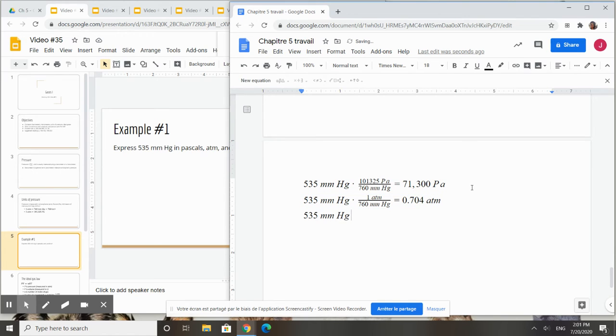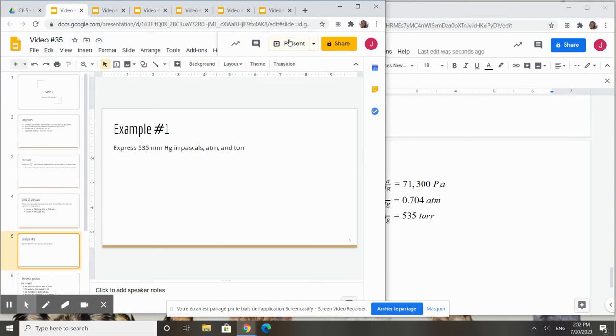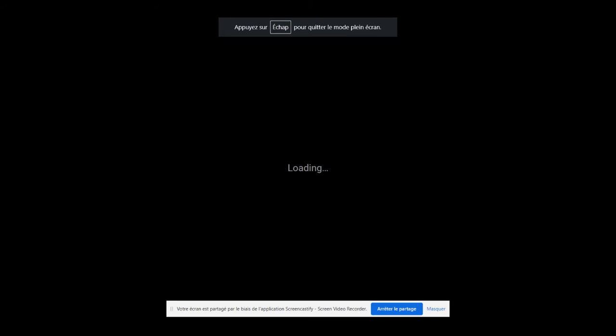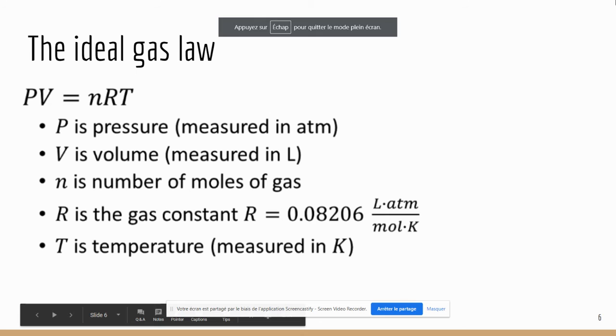And then for the last one, if you wanted to just realize that they're the same thing, that would be completely fine. I'm still going to show the calculation in case you didn't see that. But torr and millimeters of mercury can be used more or less interchangeably. Pause here.